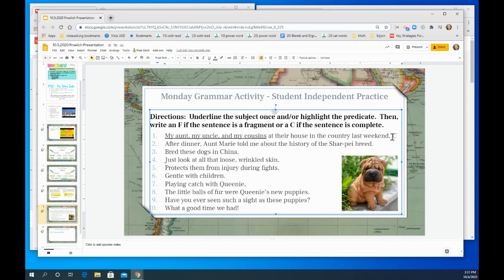If it only had a subject and not a predicate, you're going to put an F, fragment, a piece of a sentence. So if it only has a subject or only has a predicate, you're going to type an F for that. Again, you'll find this in your presentation in Canvas. You're going to type directly onto the slides yourself and submit in Canvas.